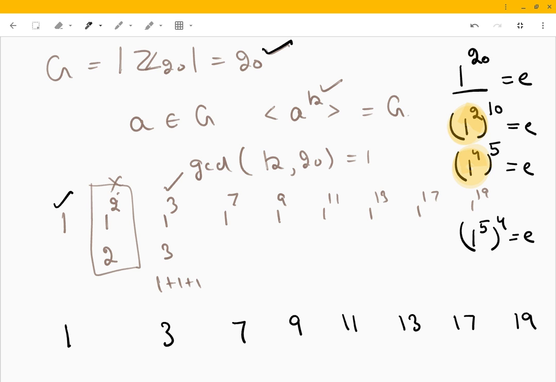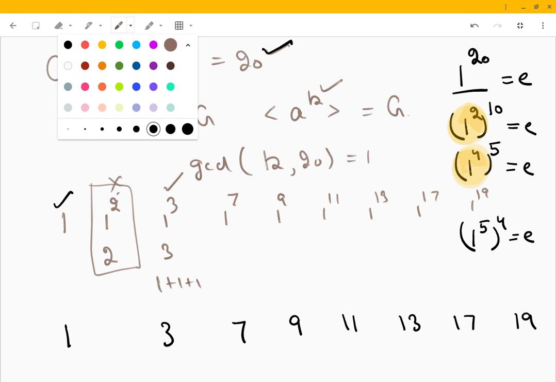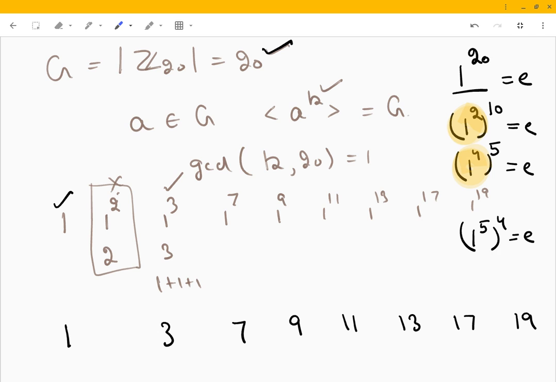Okay. Now, for an element to generate a group, its order should be equal to the order of the group. And when will that happen? Well, that can happen only when we have something that is not a factor of 20.